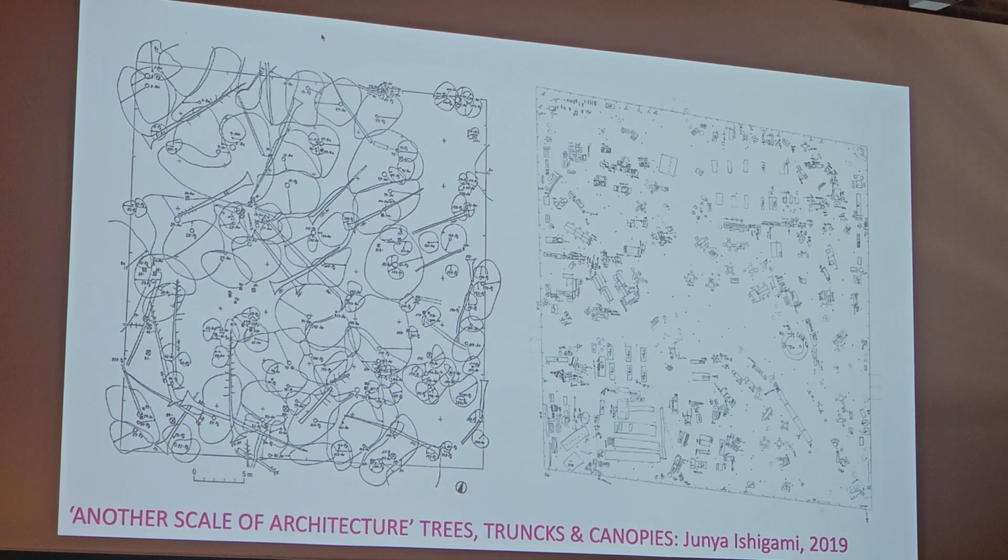But here for us, this is a very interesting reconceptualization by Junya Ishigami, a Japanese architect who makes super interesting publications and architecture. A drawing of a forest, where the bigger circles are the tree canopies and the smaller ones are the trunks. For instance, this is the tree trunk, right? And this is its canopy.